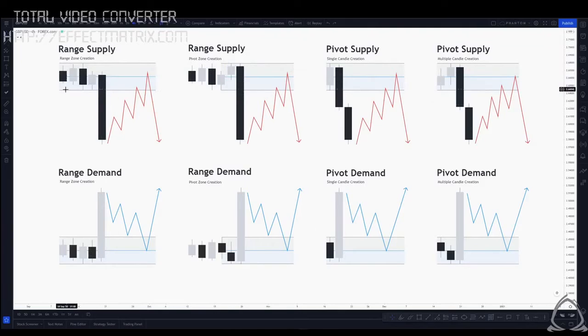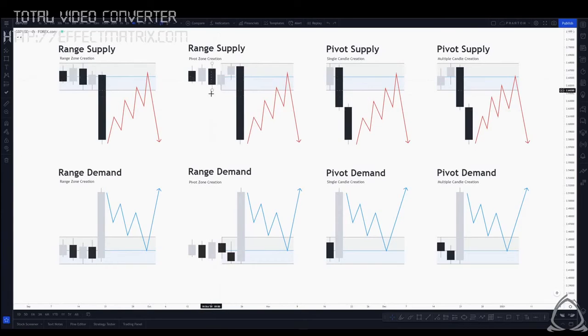Alternatively, if we look at this range created supply really quickly, using this idea, we can also draw our supply zone just on this first candle. So we have a few options, and it really comes down to personal preference on which way you prefer to draw your supply and demand zones, especially when they are range created. Sometimes the ranges that are created are simply too large to really work with, and this is where you have the flexibility to also put your attention to the last bullish candle before the move to the downside.